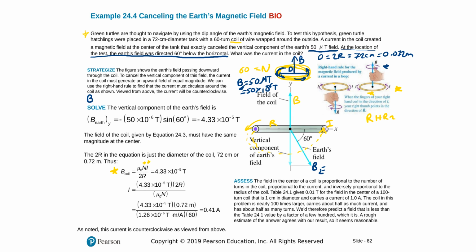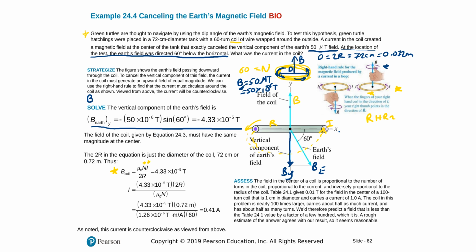So what I want is to find this component of B Earth, and that is what is equal to my magnetic field, and that will be B Earth times sine 60. Embedded in an XY system over here, that's B Y. We find that the direction is downward, but it doesn't matter.